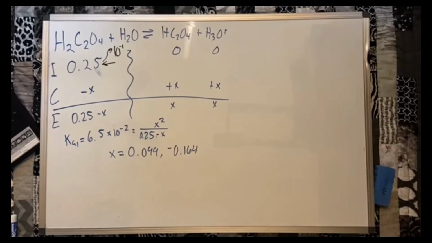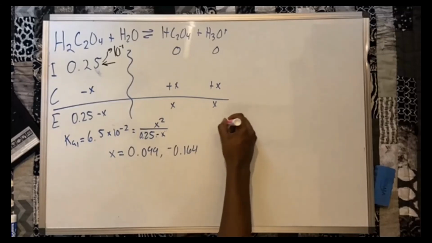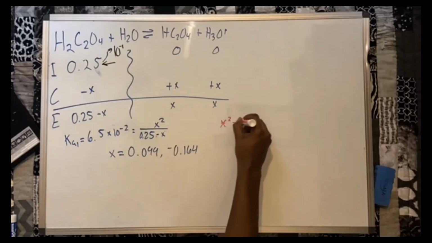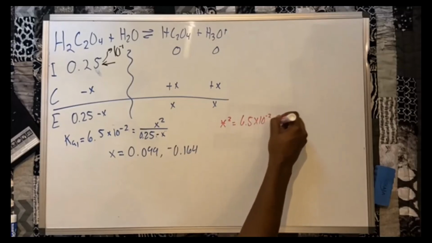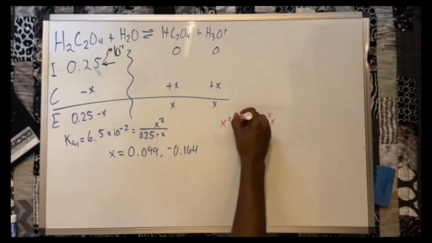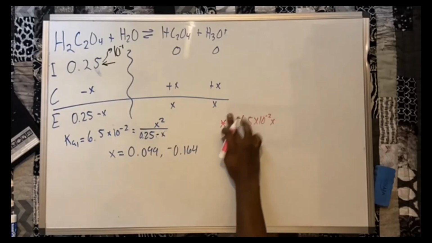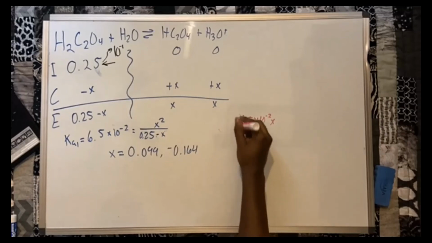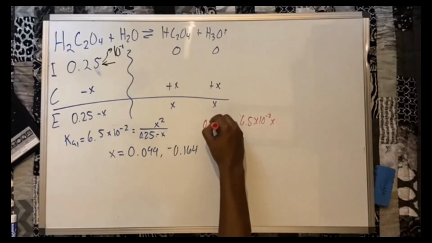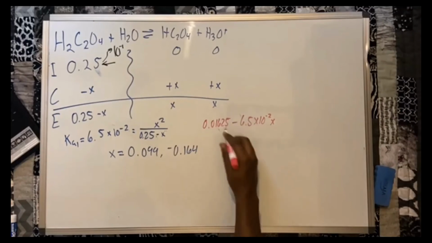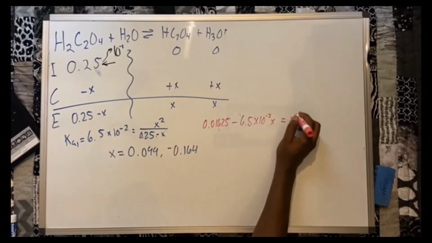You have x squared equals 6.5 times 10 to the negative 2 times x, and then 0.01625 minus that equals x squared.